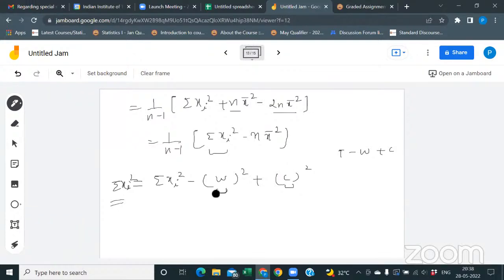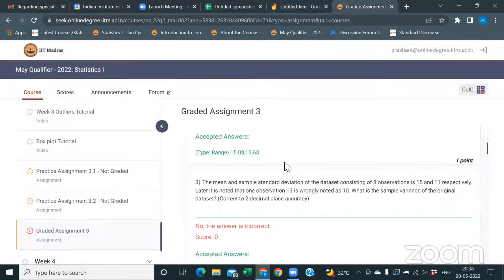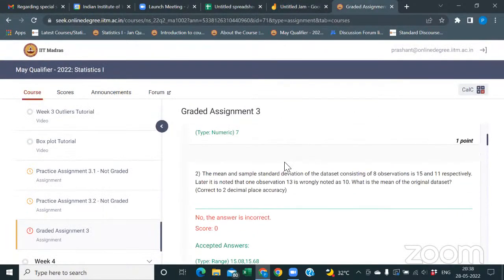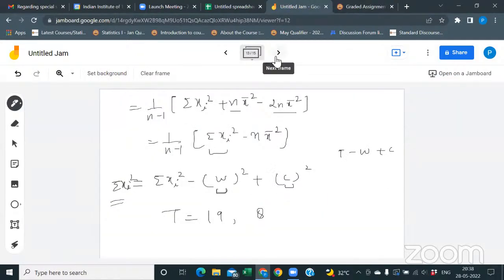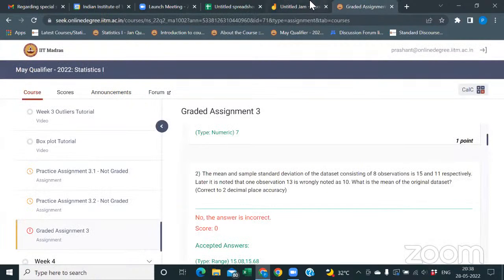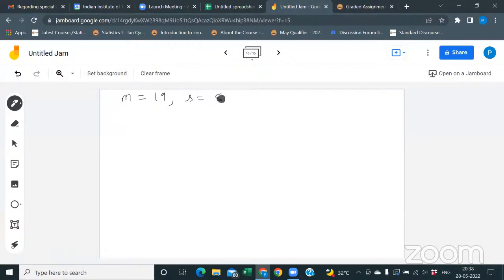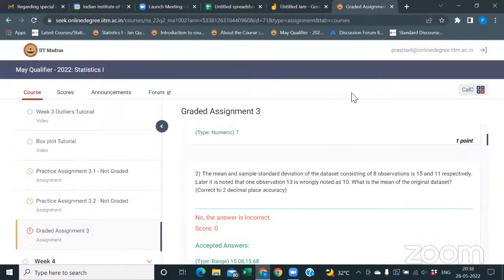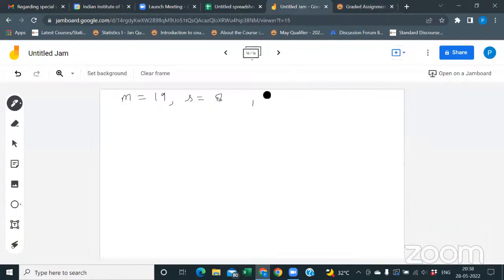I'm not getting your point actually. Sir, at first the mean was wrong. Suppose the mean was 19 and the sample standard deviation 8, because 17 was wrongly noted instead of 14. So your mean is 19, your sample standard deviation is 8, and how many observations are there? 7, so n is 7.